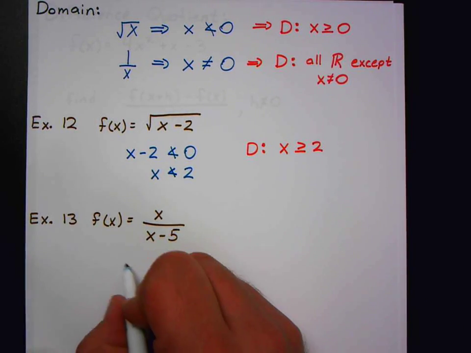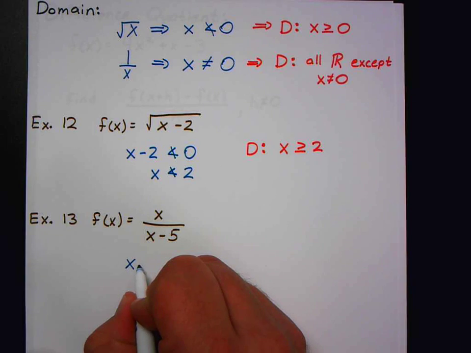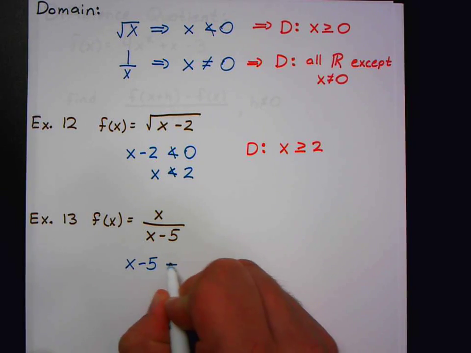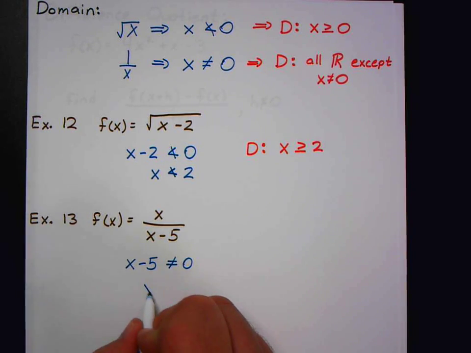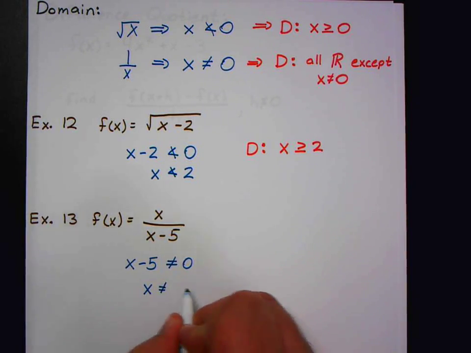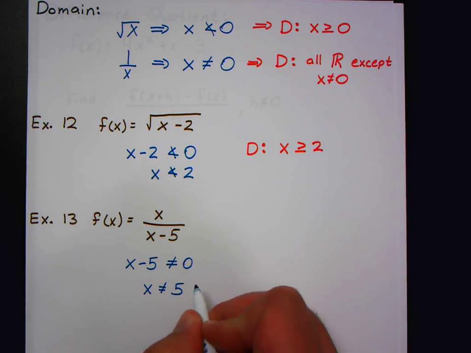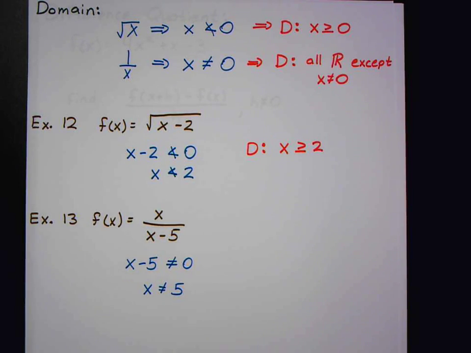Okay, this one, x minus 5 cannot equal 0. So I solve that. And again, I know that you guys can just look at that and say, oh, well, x cannot equal 5. Again, I'm showing you the method for solving this because I'm showing you easy ones.